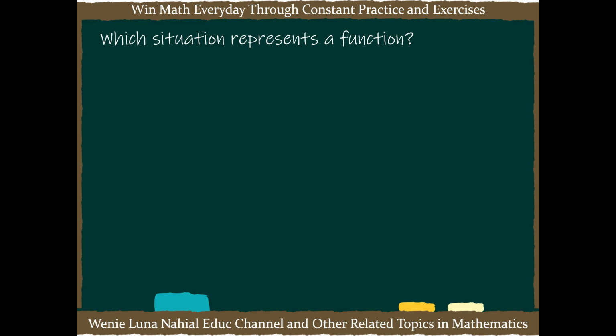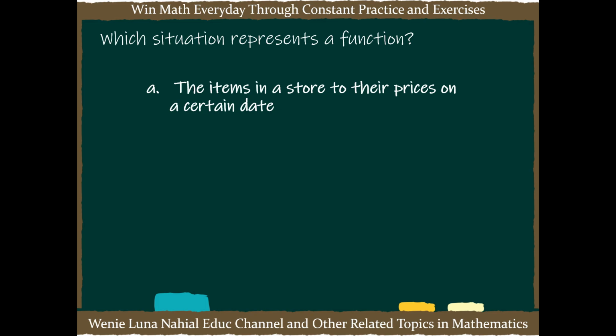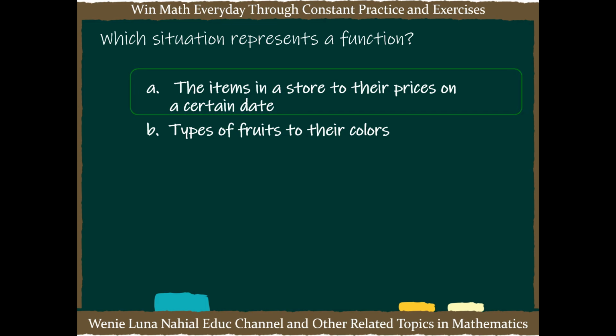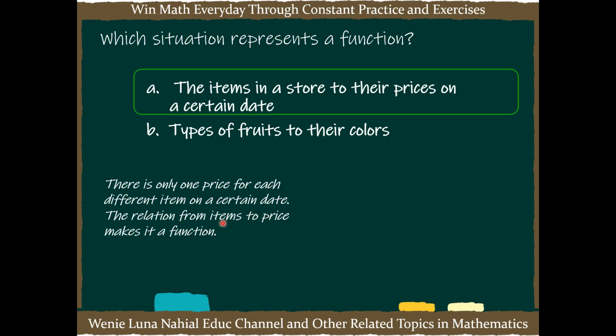Now, we have here: which situation represents a function? This is a kind of application. Let's apply what we learned about functions. A: the items in a store to their prices on a certain date. B: types of fruits to their colors. Which of the two represents a function? It is letter A, because there is only one price for each different item on a certain date. The relation from items to price makes it a function.